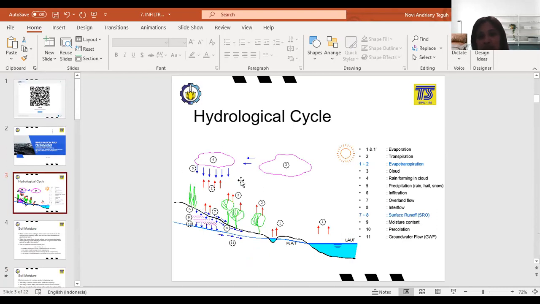Obviously, the water from the rainfall will be going back into the sea or into the river, and then evaporates again and then produces rainfall again. That's why we call it hydrological cycle. Okay. Do you have any question?